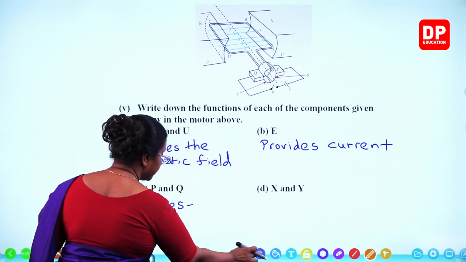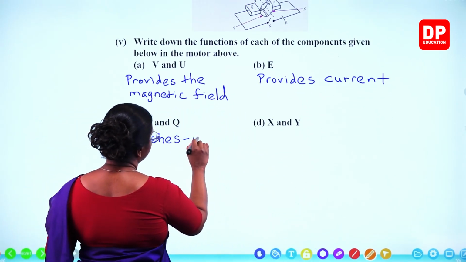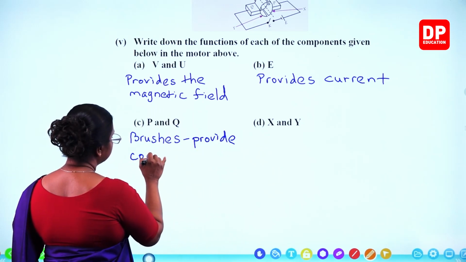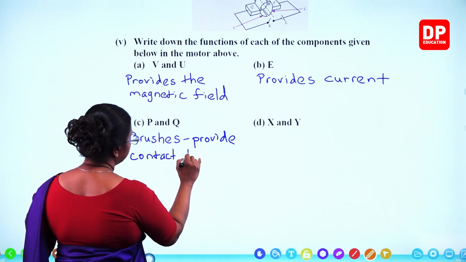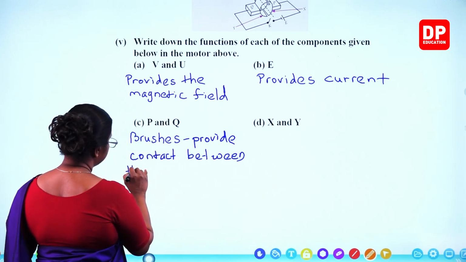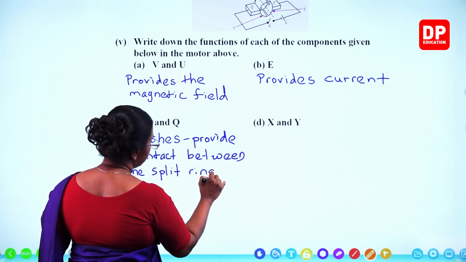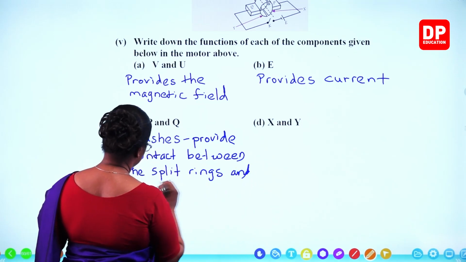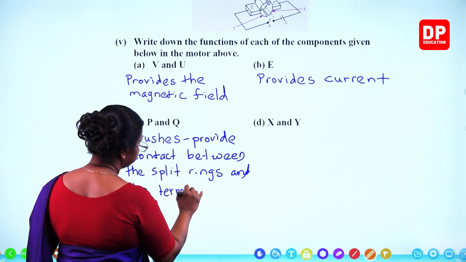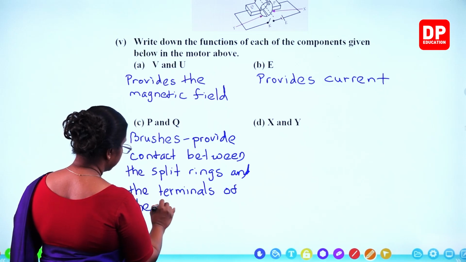So here brushes provide contact between the split rings and the terminals of the connecting wire.